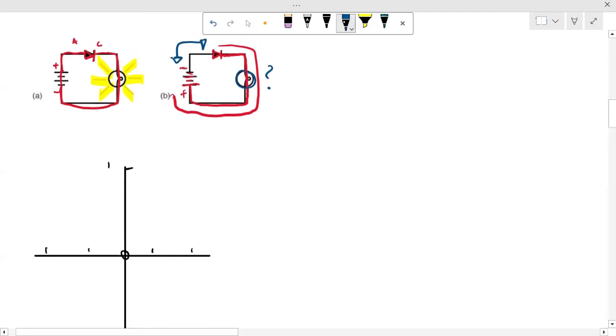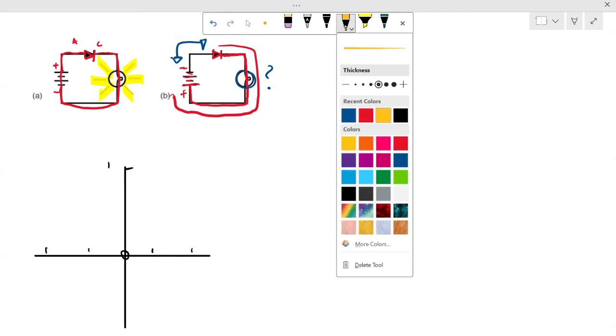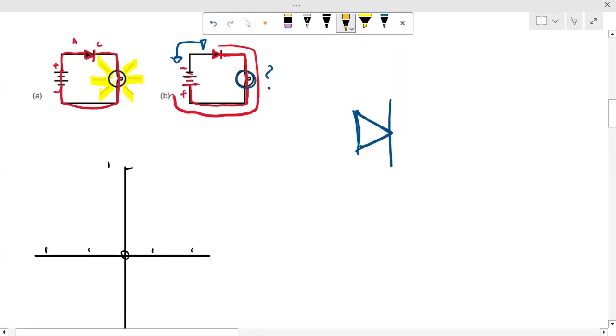To help you remember how it works, just look at the symbol of the diode, and think about the arrow. The arrow shows the direction in which the current is allowed to flow. So if the arrow is pointed in this direction, just think that the current flows through a gate. You can think of the diode as a gate.